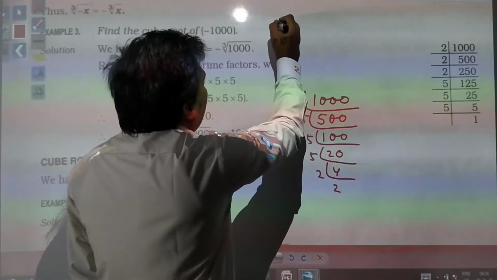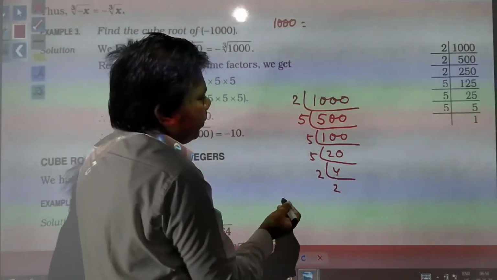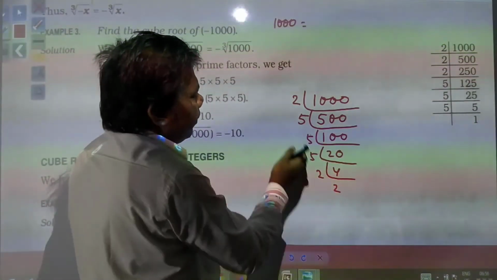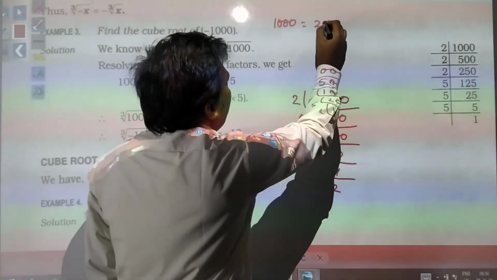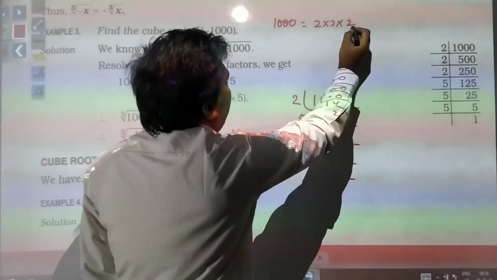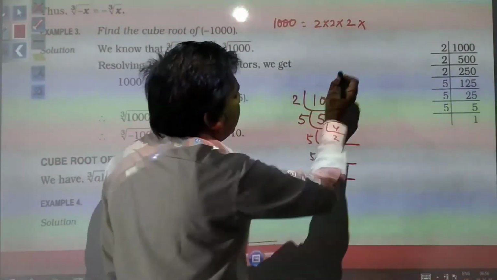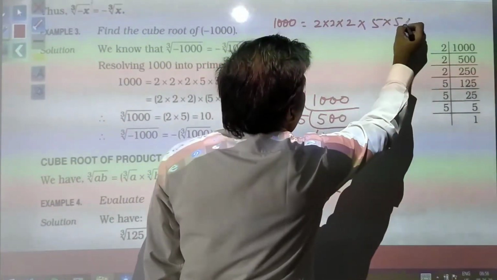So what you have got? 1000, if you are expressing in the form of its factors, will be 2 into 2 into 2, and one triplet you have of 5 into 5 into 5.